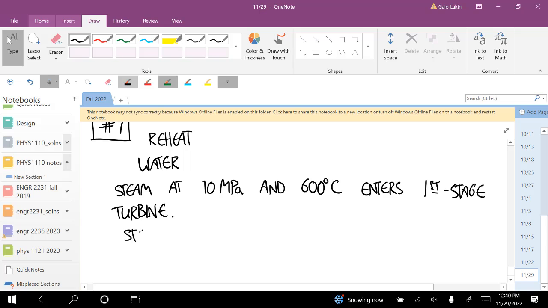The steam, again superheated in this case, leaving the reheat section has a temperature of 500 degrees Celsius.